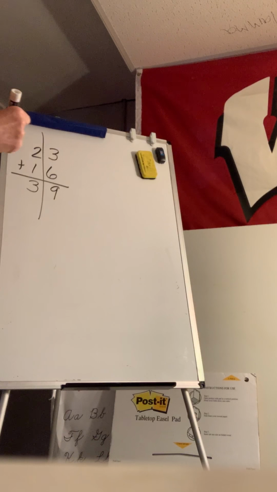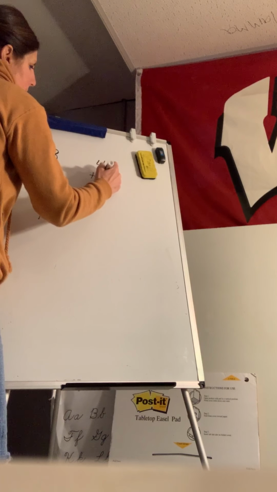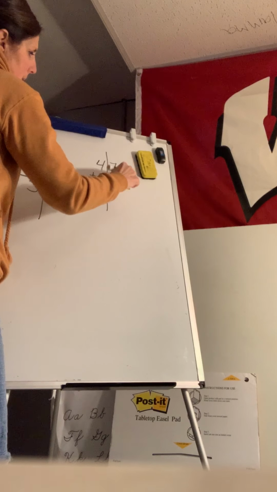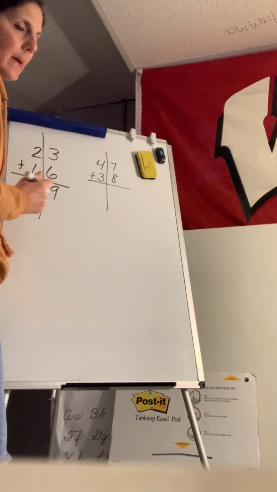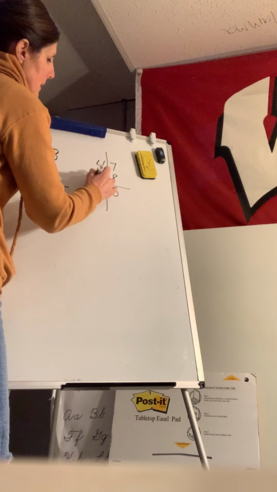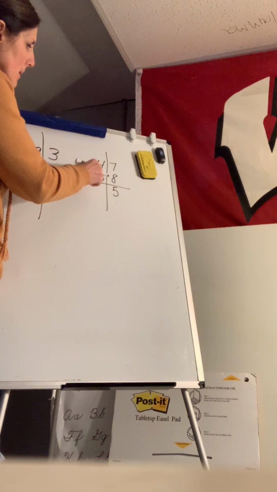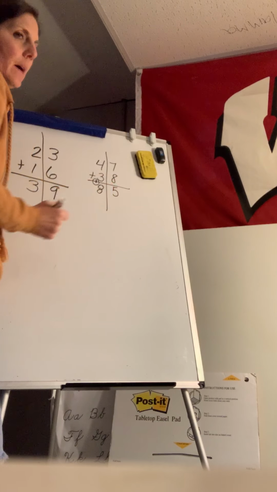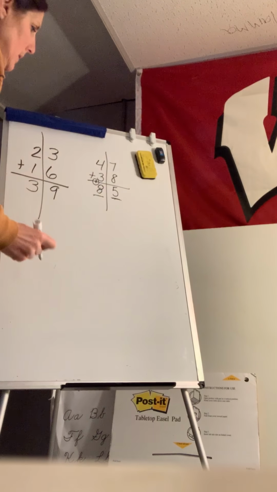Pretty simple. I think we can all do that. If we have 47 plus 38, we know that 7 plus 7 is 14. 8 is one more, that gives us 15. So we have 5 ones and 1 ten. I like to circle that 1 ten so I don't forget to add it. 3 plus 1 is 4, and 4 plus 4 is 8. 85. Remember, we can only have one number in each place value.